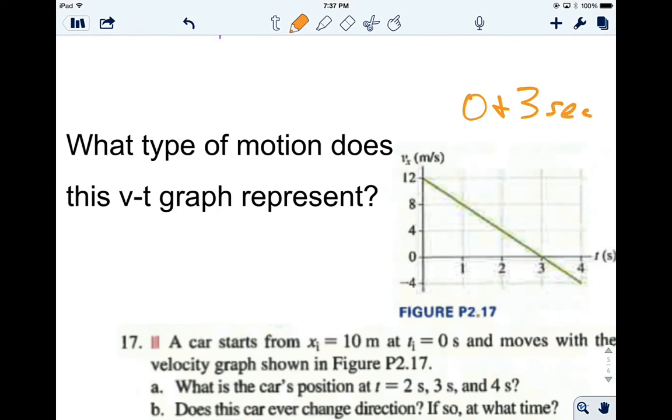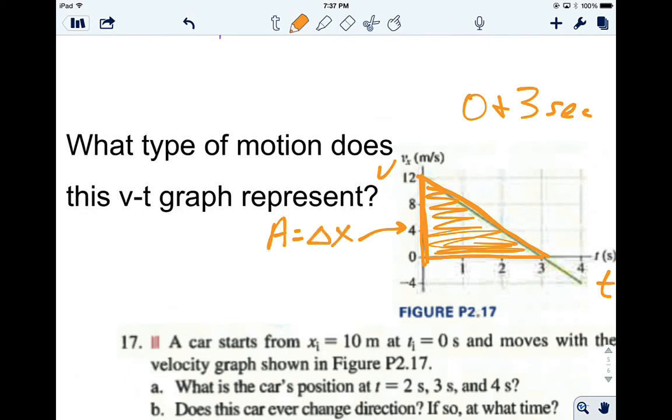Because I'm looking at a velocity versus time graph, I know my displacement is going to be bound by the 0 to the 3, the axis, and then the line. In other words, my displacement is equal to the area of the triangle.